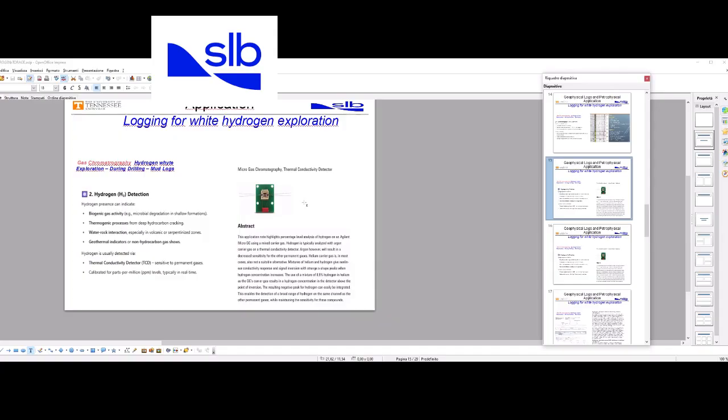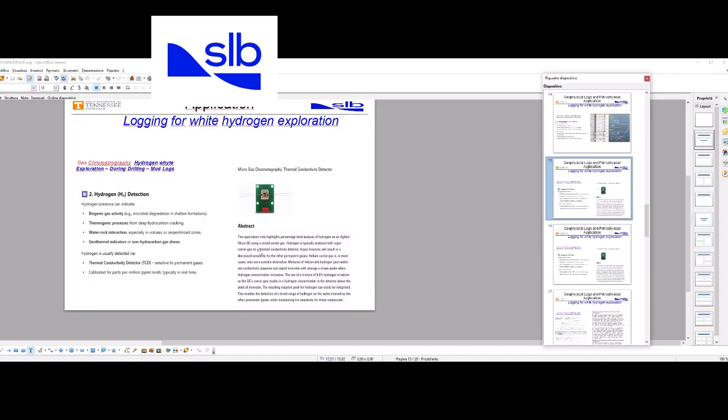Hydrogen is usually detected through a thermal conductivity detector, and in this new circuit that we are developing, we use micro gas chromatography and a thermal conductivity detector, calibrated for parts per million levels. With this new chip, it's possible to link the gas chromatography to the thermal conductivity detector, which is sensitive to permanent gas.